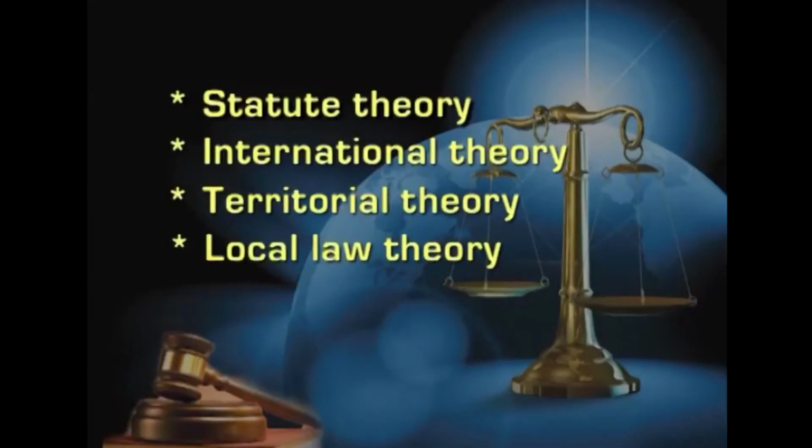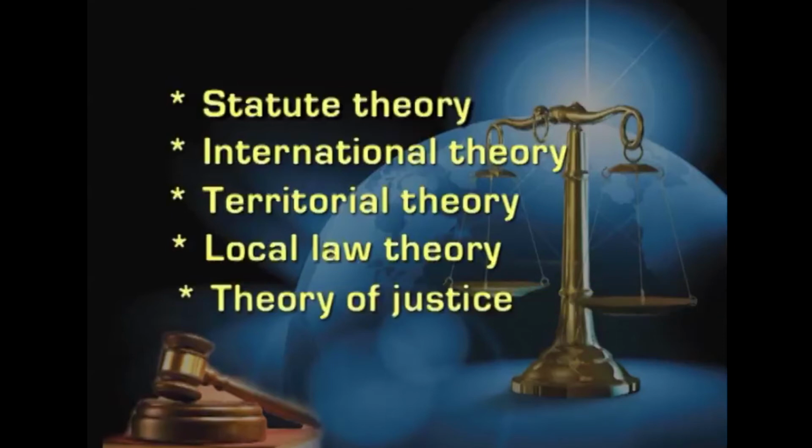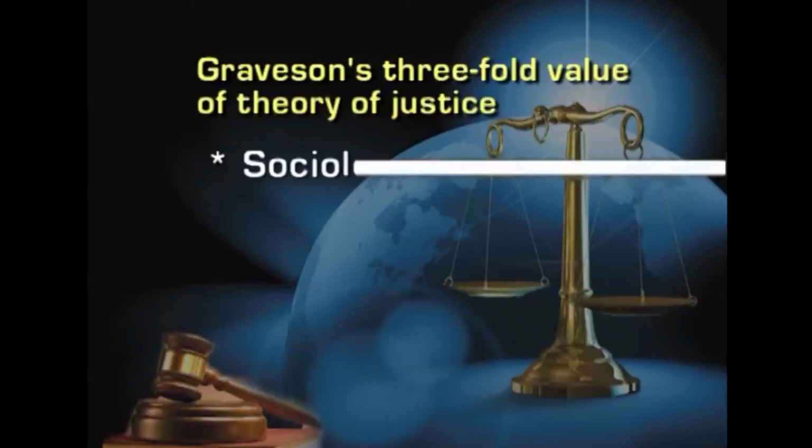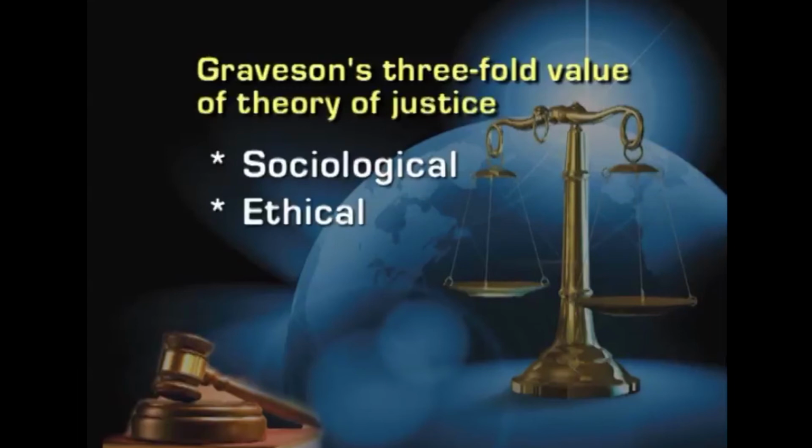The next theoretical explanation is called the theory of justice. This is a theory stated as being pragmatic, its premises drawn from English law and judicial opinion. Graveson opined that there is a threefold value of this theory. He calls it sociological, ethical, and legal.